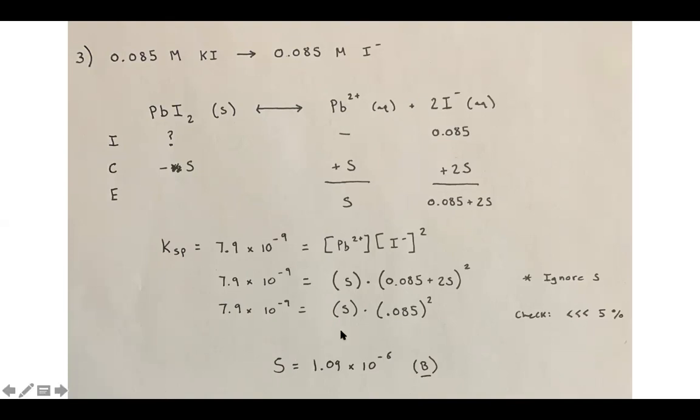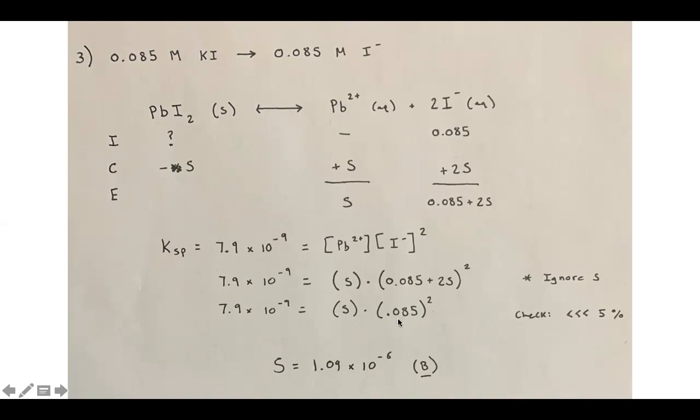That simplifies our expression to Ksp, 7.9 times 10 to the negative 9th, equals S, which is our molar solubility, times 0.085 squared. When we solve for the molar solubility, it comes out to 1.09 times 10 to the negative 6th. That is the answer they're looking for.